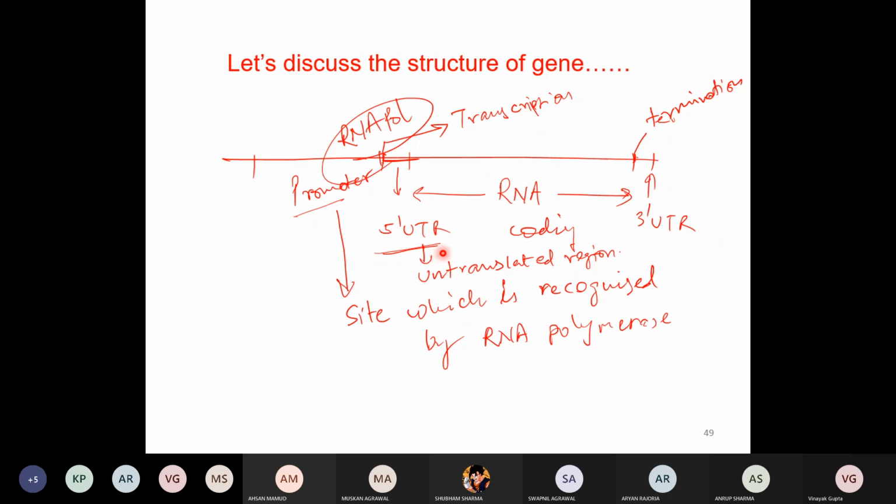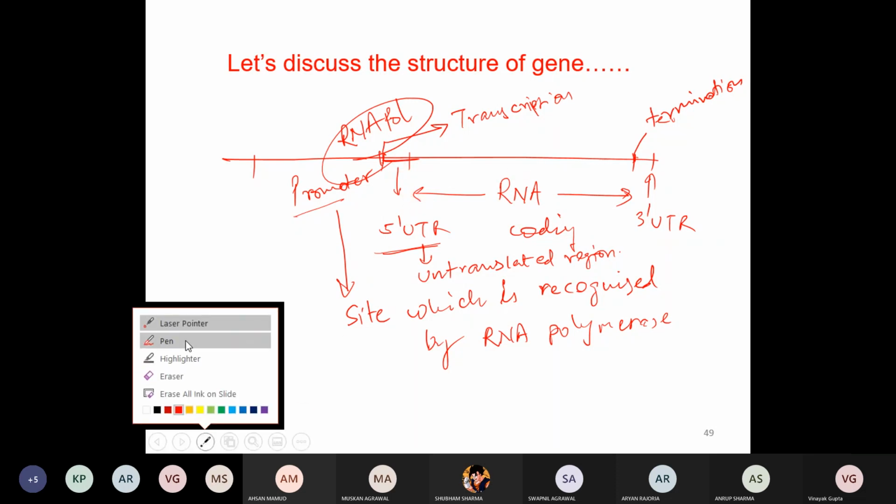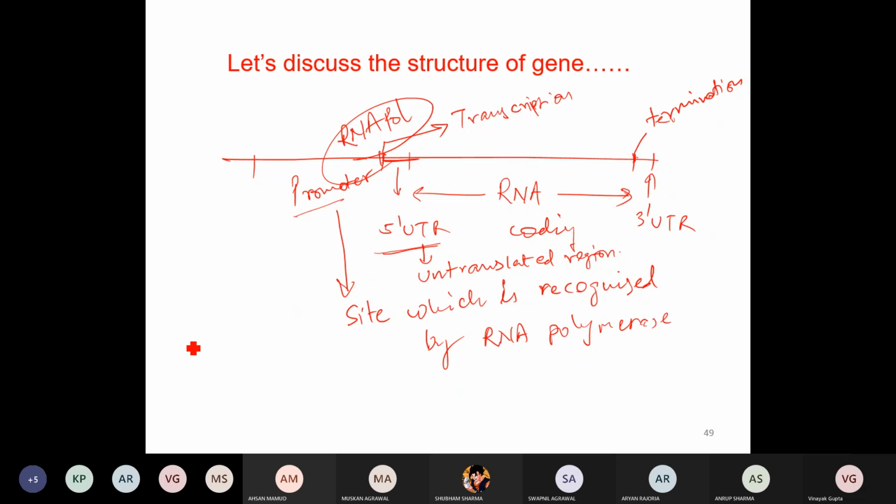The 5 prime UTR is the site from where transcription gets started, and do you remember what is the protein synthesizing machinery in the cell? Proteins are synthesized by ribosomes. So this 5' UTR has the RBS, the ribosome binding site.